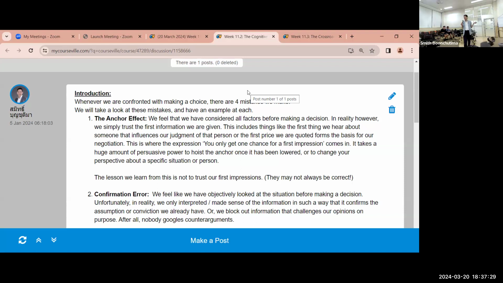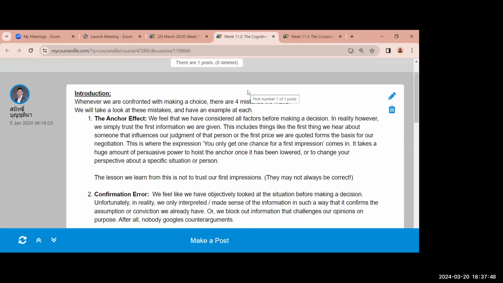The first one we call the anchor effect. Richard, what is an anchor used for on a boat, in the maritime world? Do you know what an anchor is, Richard? Not quite sure about it.